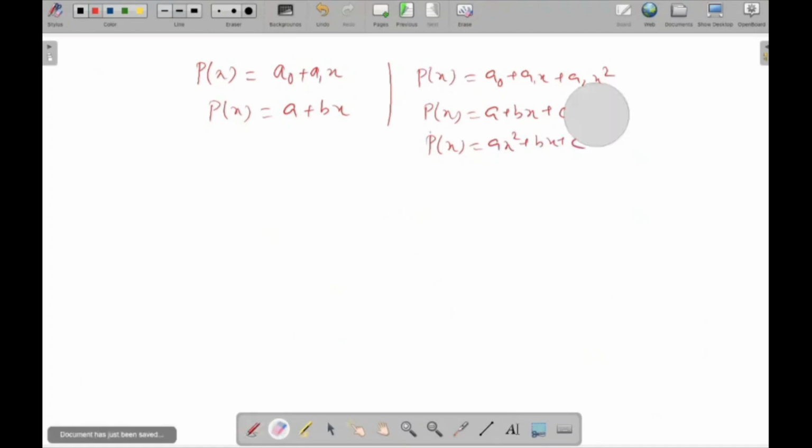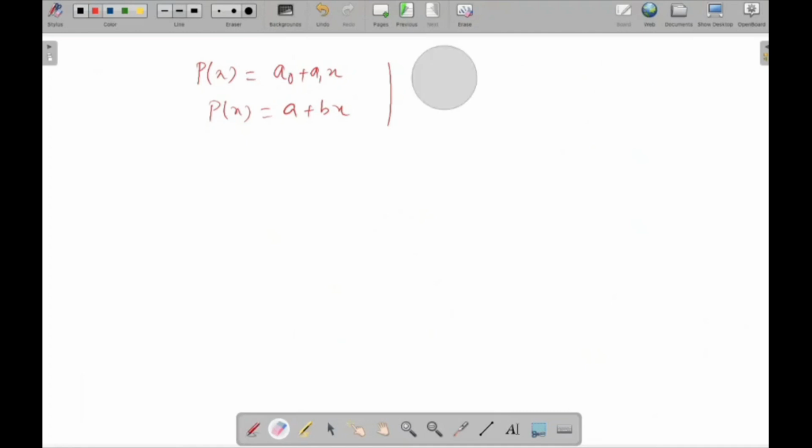So basically, what we are trying to say over here is that these are constants. If p(x) is written as a0 plus a1x plus a2x square, I can write it as ax square plus bx plus c as well. Similarly, to maintain the same thing, we will write the linear one as p(x) equals ax plus b.